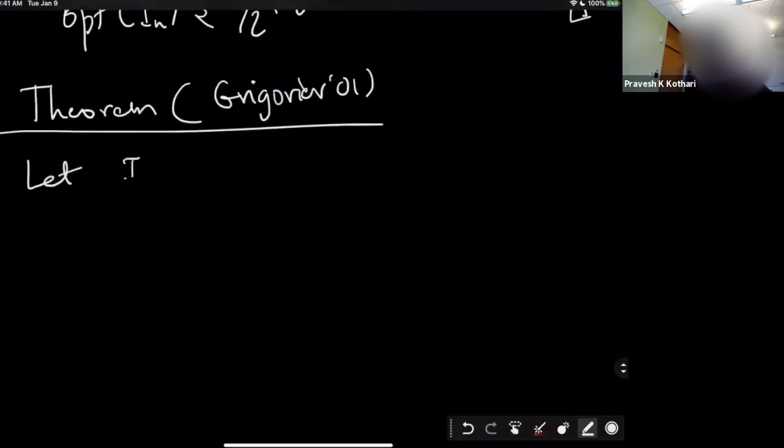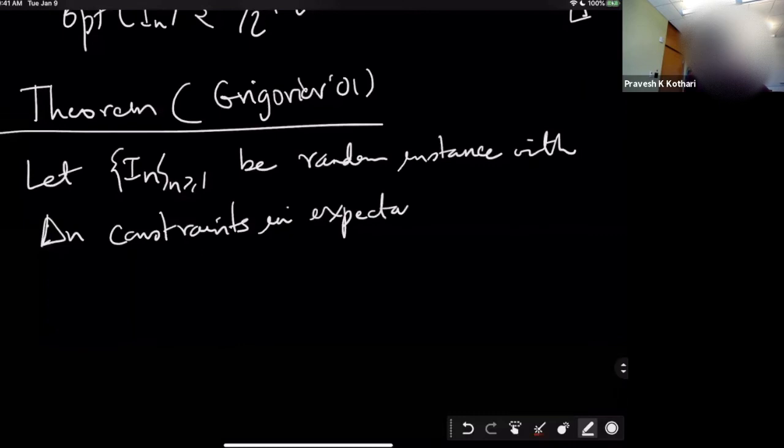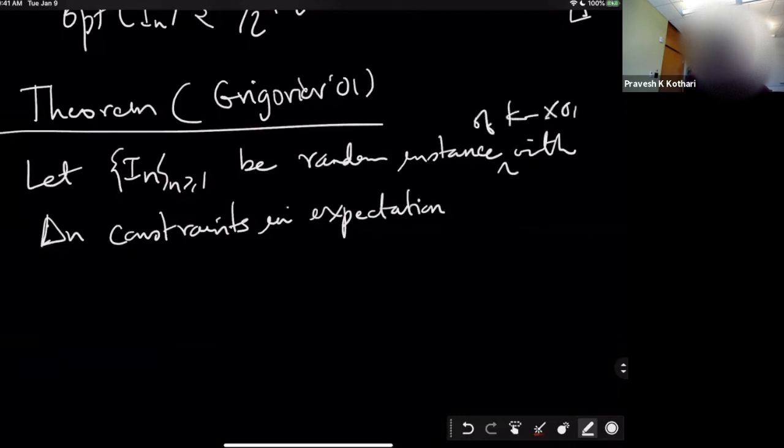Let I_n be a random instance with delta n constraints in expectation, that's how I'll write it, of k XOR.